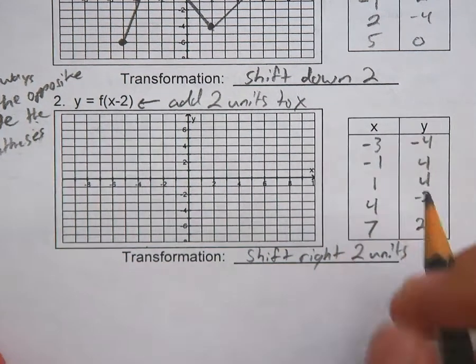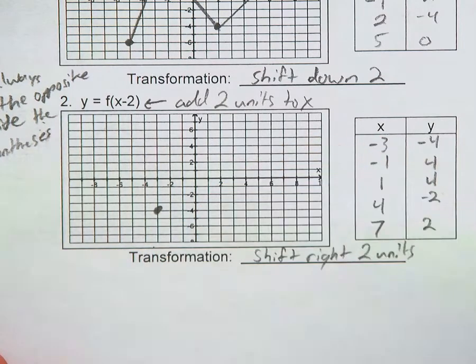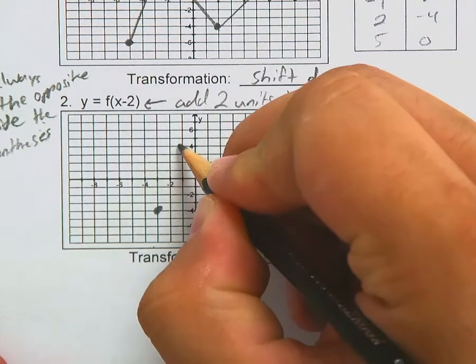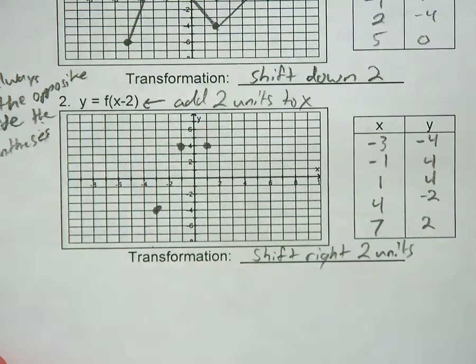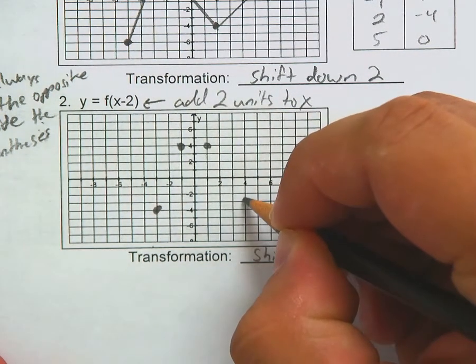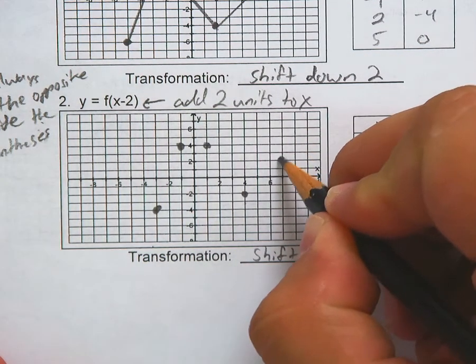Alright, so let's plot these. So -3, -4 here, -1, 4, 1, 4, 4, -2, and 7, 2.